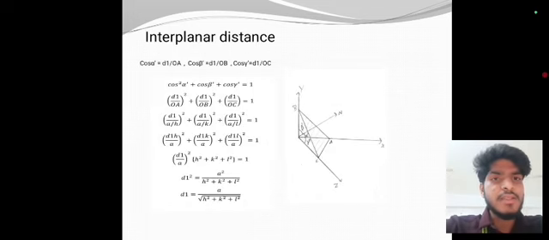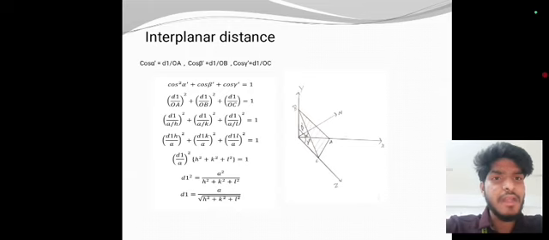Now consider cos alpha dash equal to d1 by OA, cos beta dash equal to d1 by OB, cos gamma dash equal to d1 by OC. By the direction cosine rule, we know cos square alpha dash plus cos square beta dash plus cos square gamma dash is equal to 1.